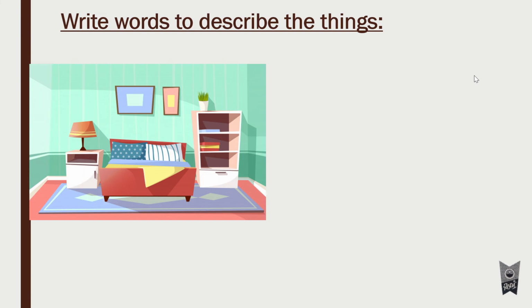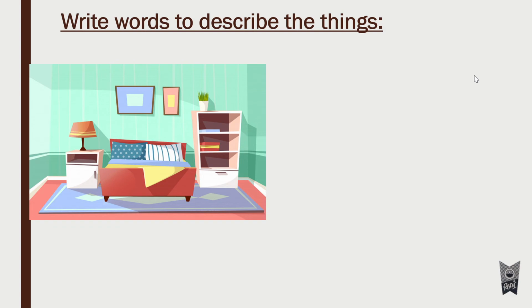What else can you use to describe this particular room? A beautiful room, a neat room, a tidy room. Is it not? So all these words describe the noun or the naming word, that is the room. Room is the name of a place.